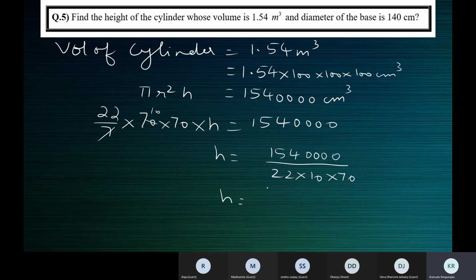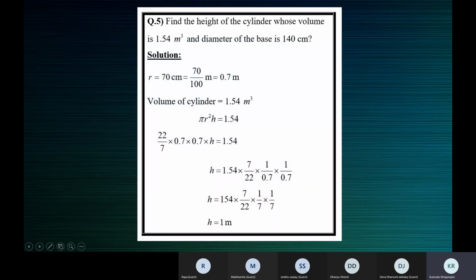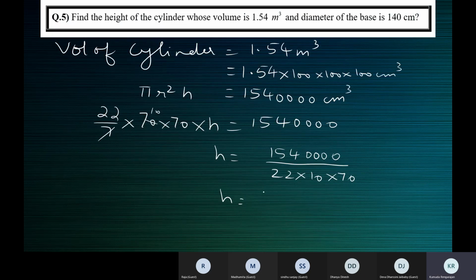So h is equal to, I'll just copy the answer from here. It's 1 meter here, so it will be 100 centimeters. 100 centimeters you will get. So h is equal to 1 meter. So the height of the cylinder is 1 meter.